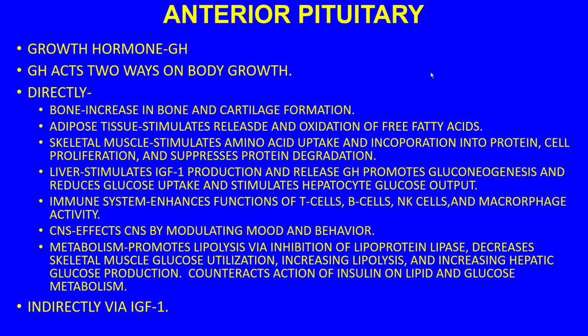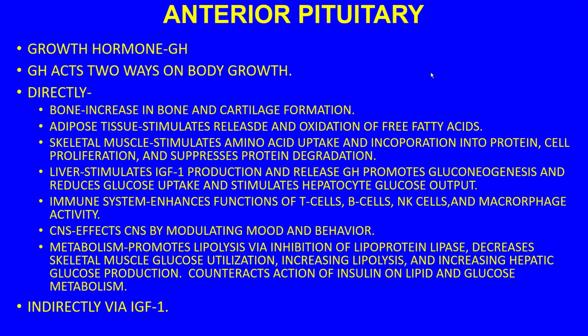In skeletal muscle, it stimulates amino acid uptake and incorporation into protein. We also will have cell proliferation, and it also suppresses protein degradation. Remember, bones are made up of not only the mineral hydroxyapatite, which is calcium phosphate, but also the scaffolding, which happens to be collagen fibers that help support it.